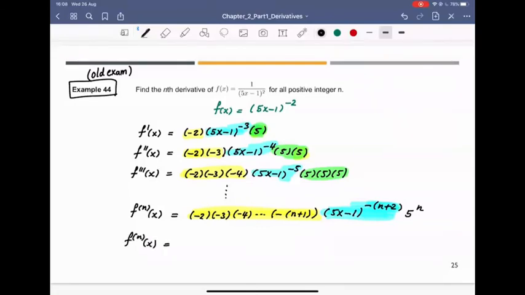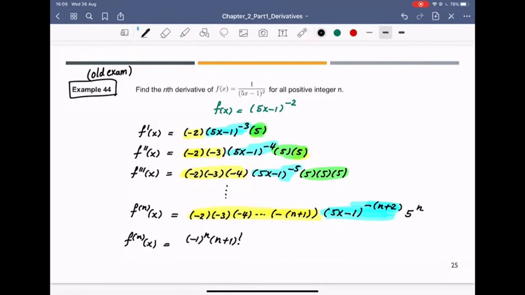So simplify a little bit. You're going to have negative 1 to the n times n plus 1 factorial. Can you follow me? 2 times 3 times 4 up to n plus 1. This is n plus 1 factorial because I include 1 as well, since 1 multiplied by anything is that number.